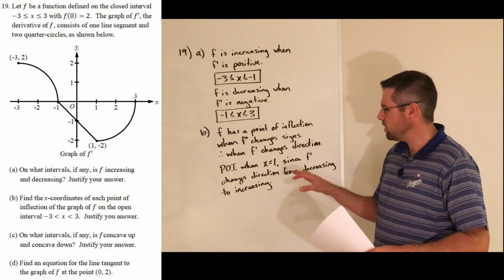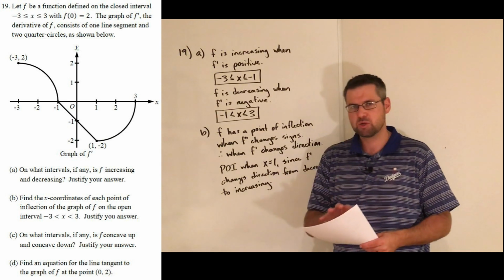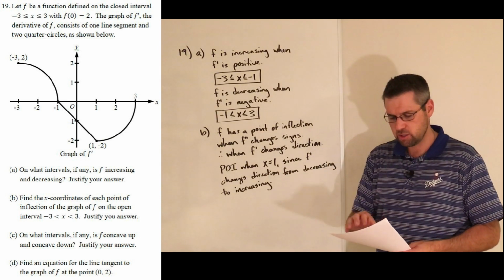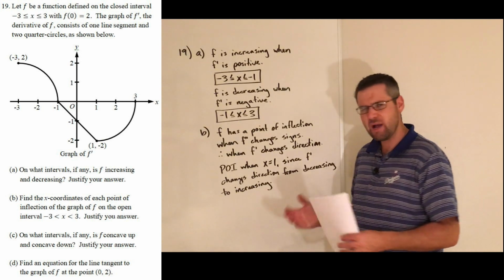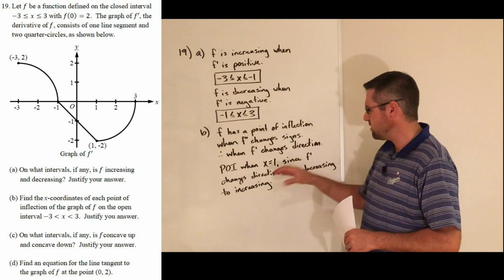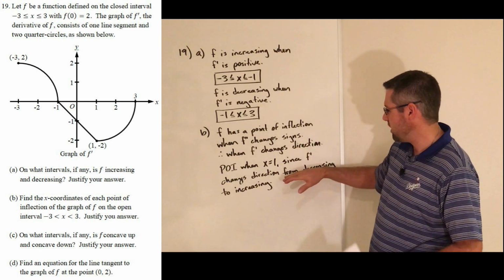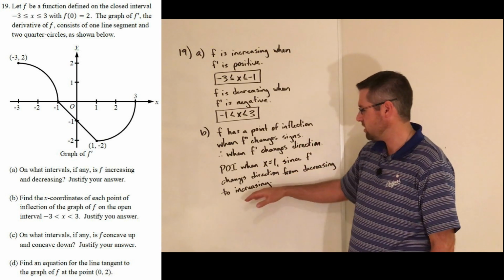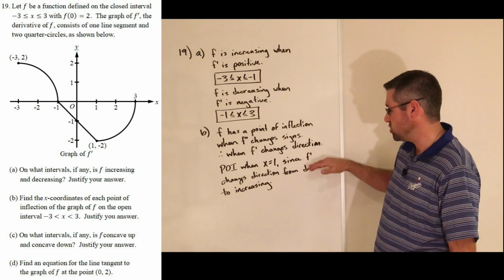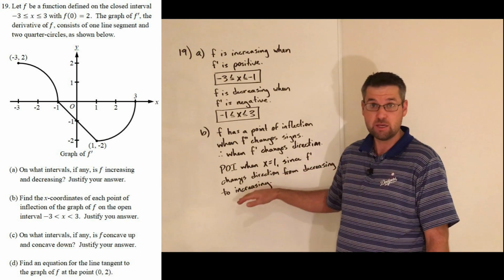So there is only one change in direction in this particular function, this particular f prime, but you might get more. And so if you have another point of inflection, but it's not when f prime is changing from decreasing to increasing, maybe it's from when f prime is changing from increasing to decreasing.